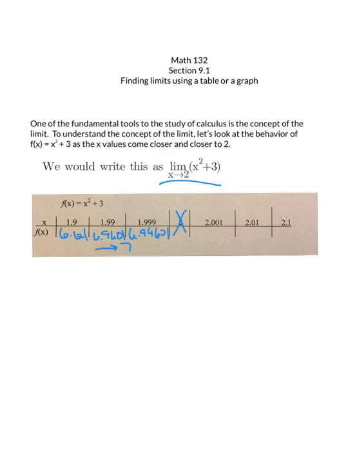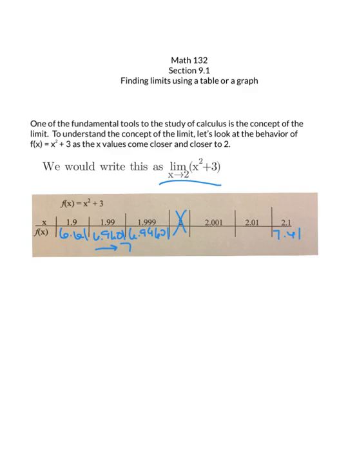Now let's go to the right side and do the same thing. We're going to start out by putting the number that's farthest away, 2.1, into the function x squared plus 3. If we do 2.1 and square it and then add the 3, we will get 7.41.